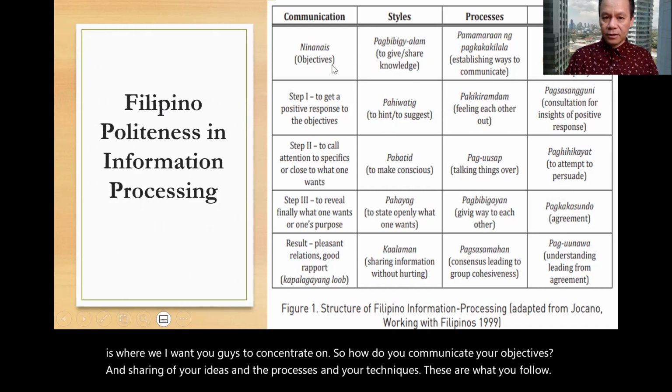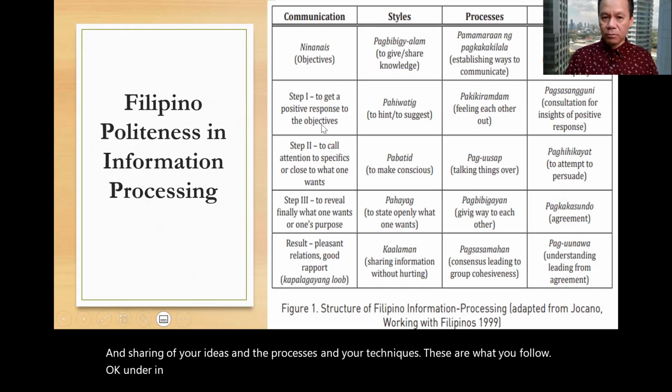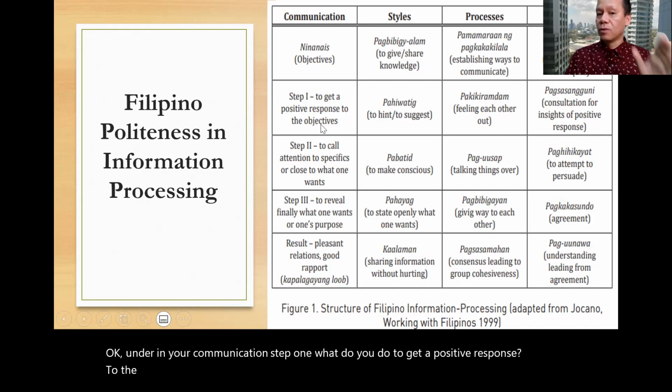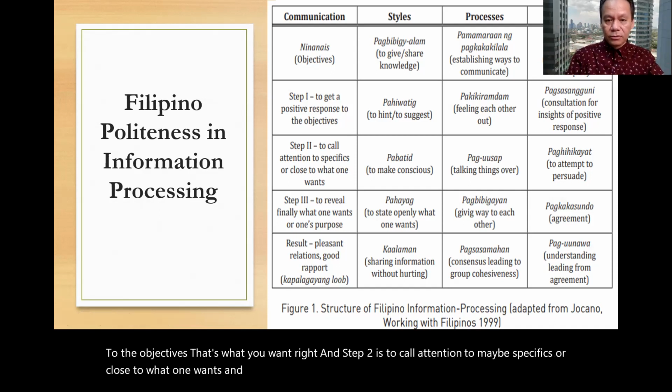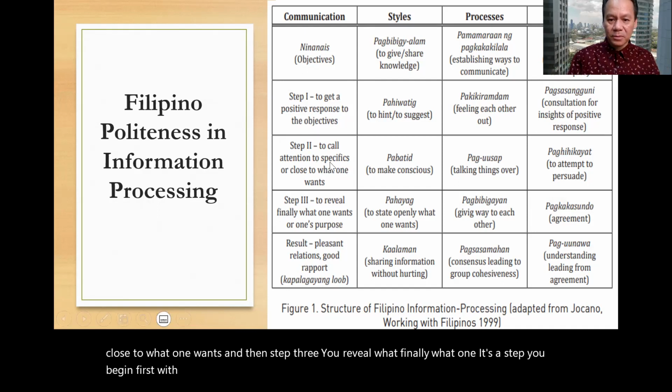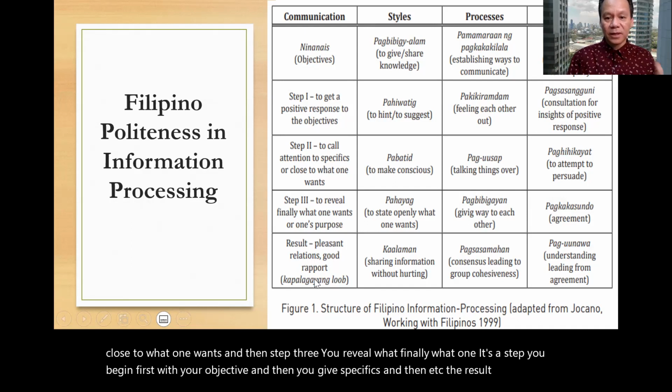Okay. In your communication, step 1, what do you do? To get a positive response to the objectives. That's what you want, right? And step 2 is to call attention to maybe specifics or close to what one wants. And then step 3, you reveal finally what one wants. You begin first with your objective and then you give specifics and then etc. The result would be pleasant relations.